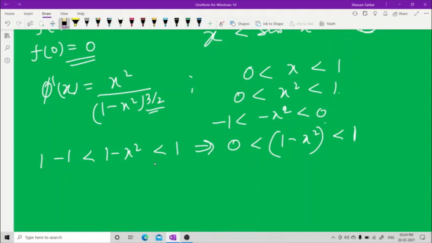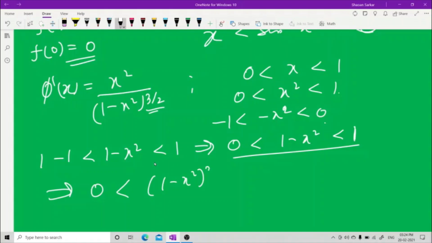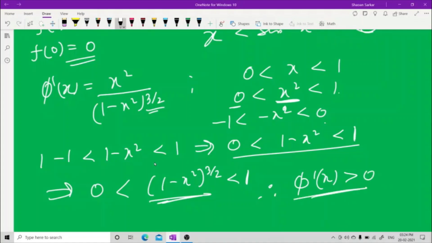So 0 less than (1 minus x square) to the power of 3 by 2 less than 1. This quantity is greater than 0, and x square is greater than 0. Therefore phi dash x is greater than 0.